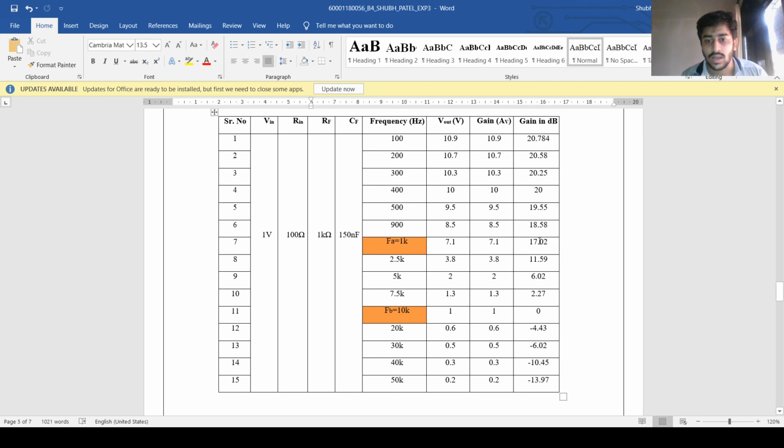Now after this value of frequency, the gain drops constantly till 100 kilohertz frequency, and also at the particular frequency of Fb, which is 10 times Fa, in this case equal to 10 kilohertz, the gain finally becomes 0. The gain becomes 0 dB at Fb equal to 10 kilohertz.